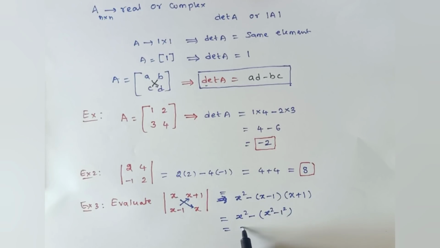Which is equal to x square minus x square plus 1. So x square minus x square cancels. Now it is equal to 1. So the determinant of this matrix x, x plus 1, x minus 1, x is 1.